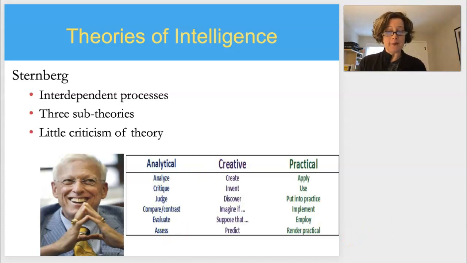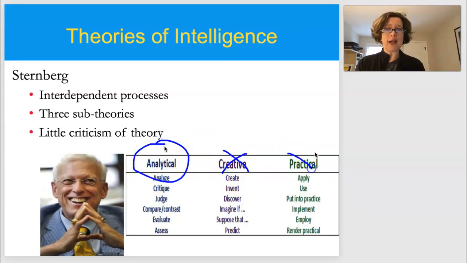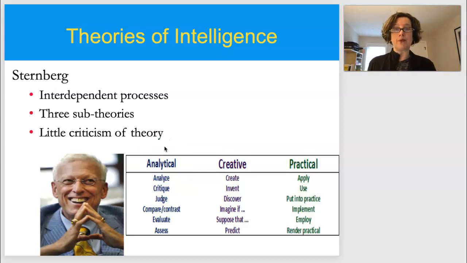So you might have somebody who is very analytical, but cannot bring in the practical or the creative. We've probably all had professors or teachers who are brilliant in their analytical skills, but they're not very good teachers because they cannot bring in the creative or the practical side.